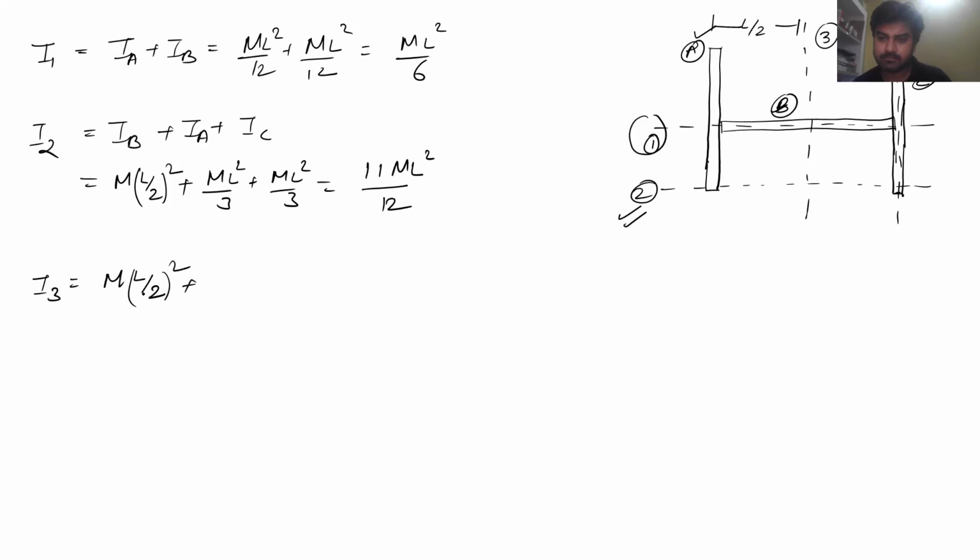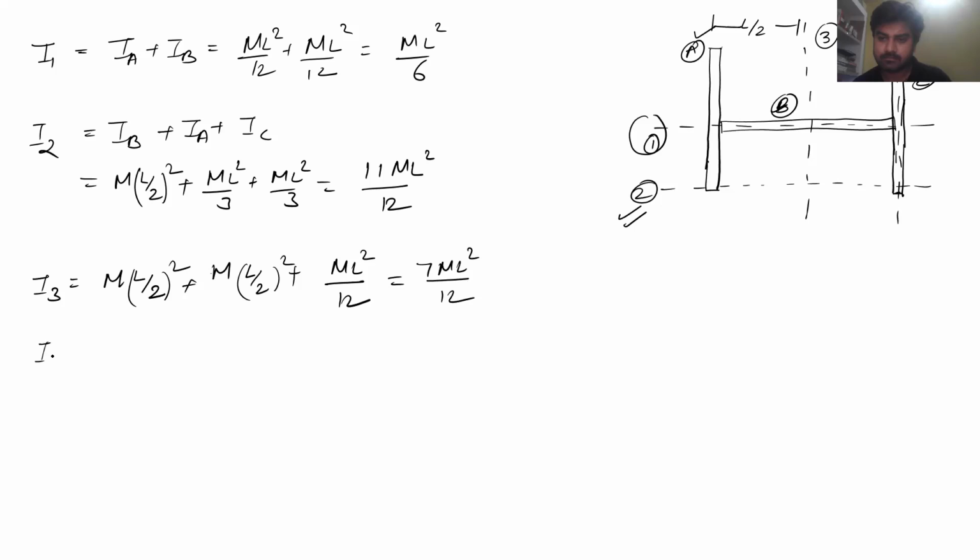Plus for the C rod also it is ml square, ml by 2 the whole square, plus now coming to the B rod, the axis is going through the center, that means it is ml square by 12. So when you solve this, you will get how much? 7 ml square by 12, right?